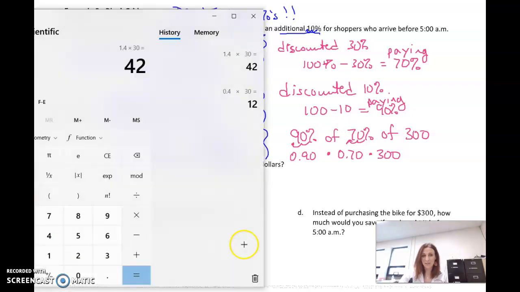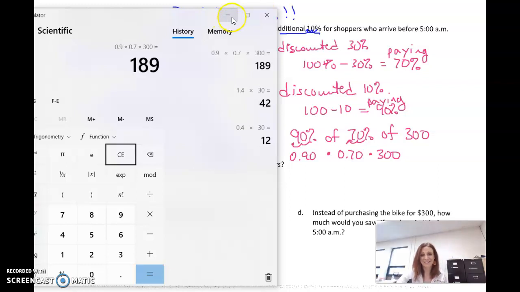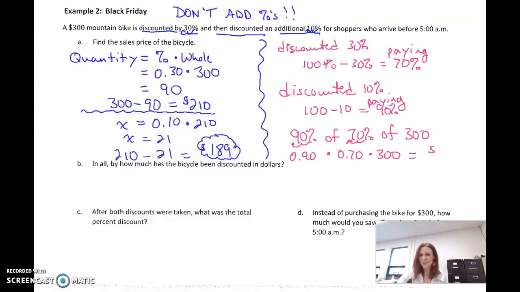If I took a calculator and typed this in, and I went 0.9 times 0.7 times 300, we get 189. Okay, so that's just another way to think of it. Okay, but notice both ways you get the same answer.